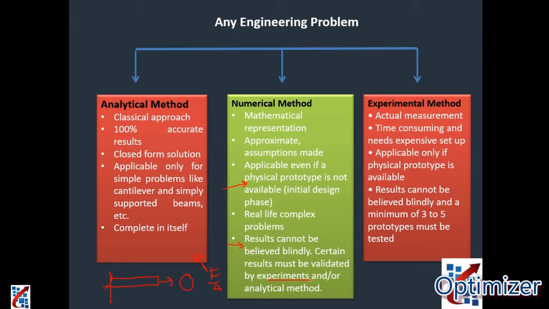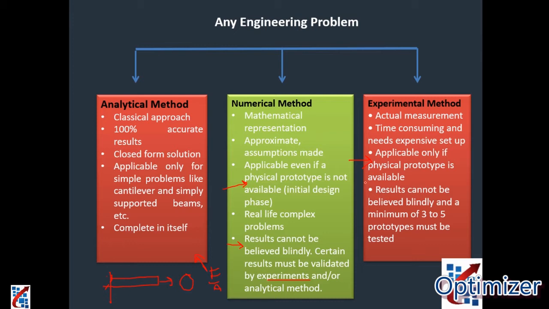But it is very time consuming, as you need to create a prototype and an experimental setup, and due to this time consumption, it is also very expensive. It is only applicable for a physical prototype. Without a prototype, you can't do experimental testing. And again, results cannot be believed blindly. You need to carry out a minimum of 3 to 5 different tests for different prototypes.